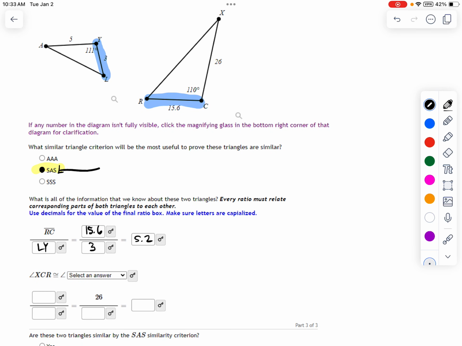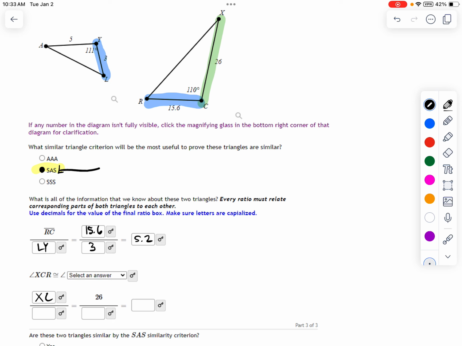So that's your proportion. If that had been 111 instead of 110, and you wanted to figure out if they're similar, the other box would have to be 5.2 as well. 26 is the other side given to us, that is XC or CX, whichever way you want to write it.